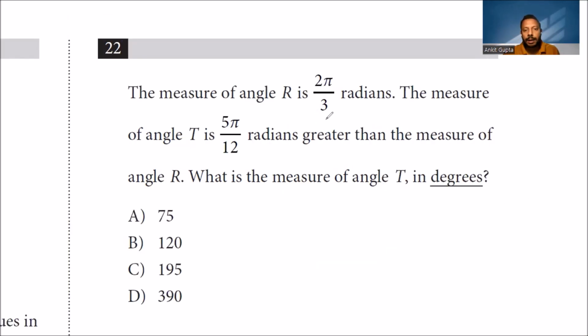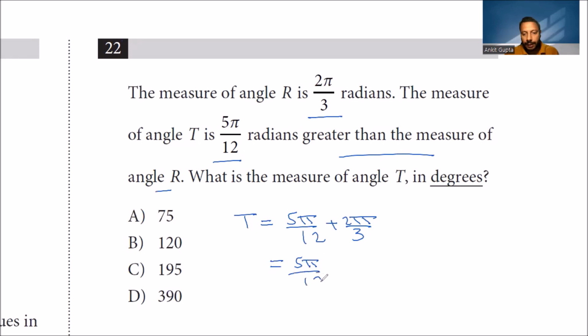The measure of angle r is 2 pi by 3 radian, and the measure of angle t is 5 pi by 12 radian greater than the measure of angle r. That means t is equal to 5 pi by 12 plus 2 pi by 3, which is equal to 5 pi by 12 plus 8 pi by 12, which is 13 pi by 12.